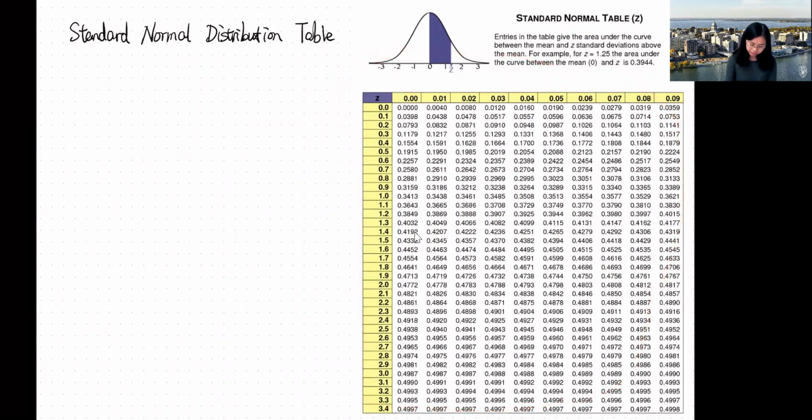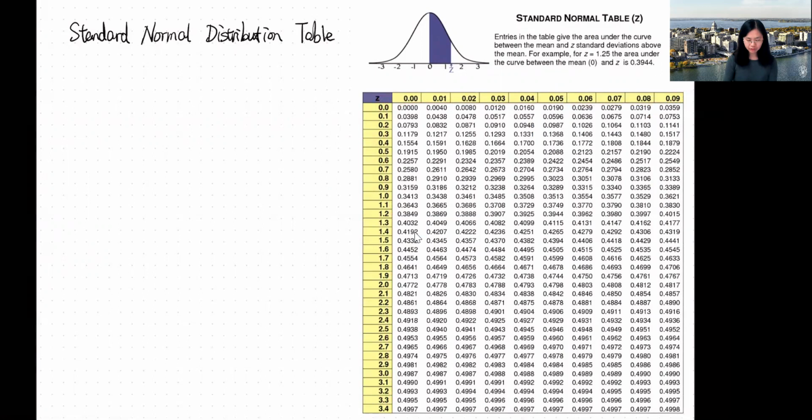The numbers given in the table are the probability that the standard normal random variable lies in the interval from 0 to z. The z is given by the row titles and the column titles.